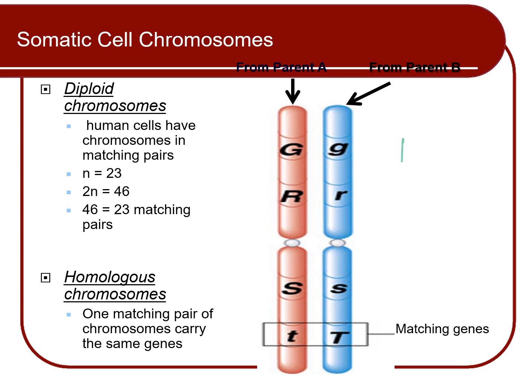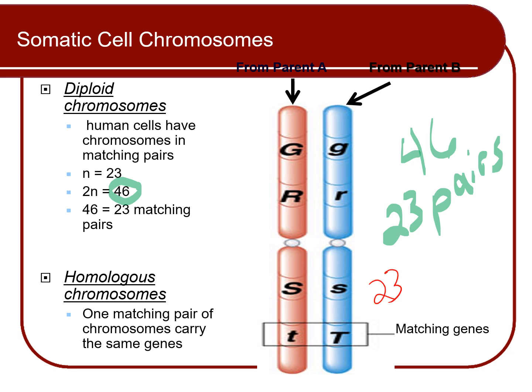So we have 46 chromosomes, right? Which is here, but we actually have 23 pairs, because when we're formed as a fertilized egg, the egg has 23 chromosomes and the sperm has 23 chromosomes.